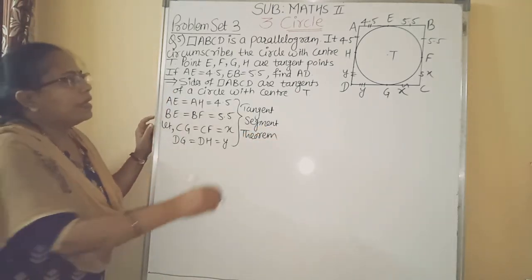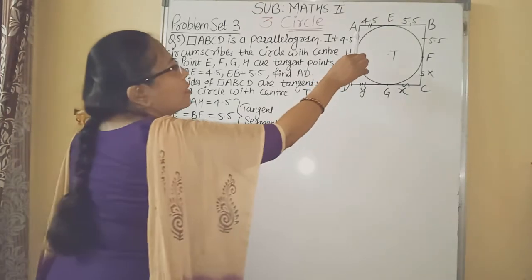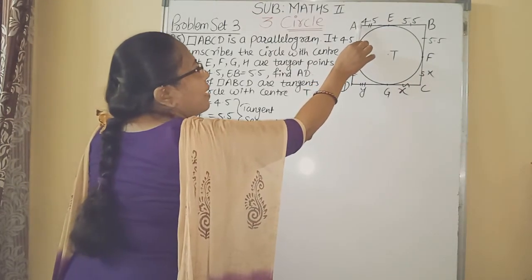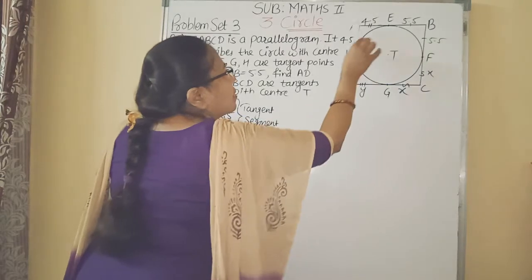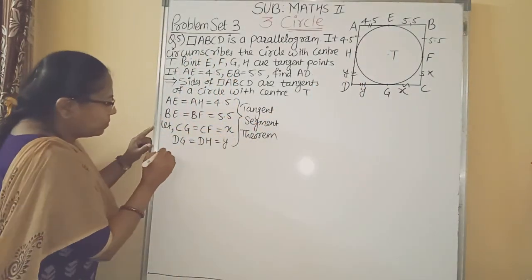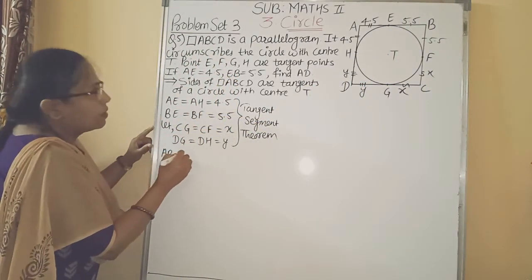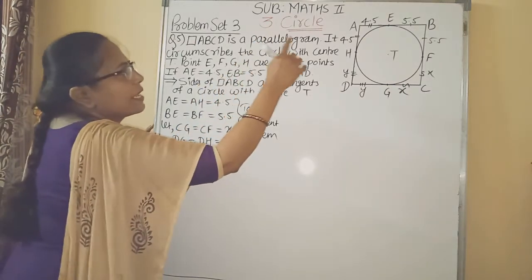Okay. Now we can find the length of side AB. AB equal to AE plus EB.